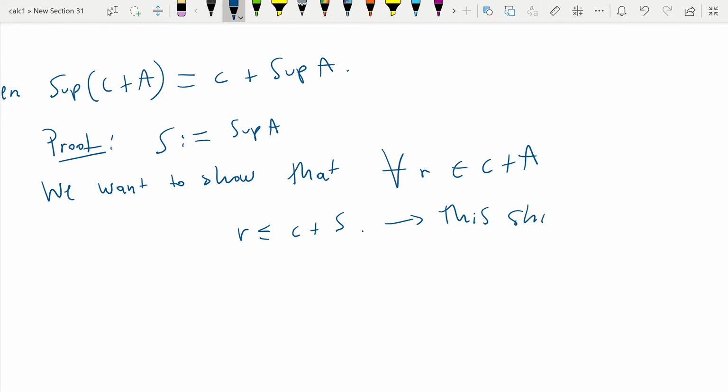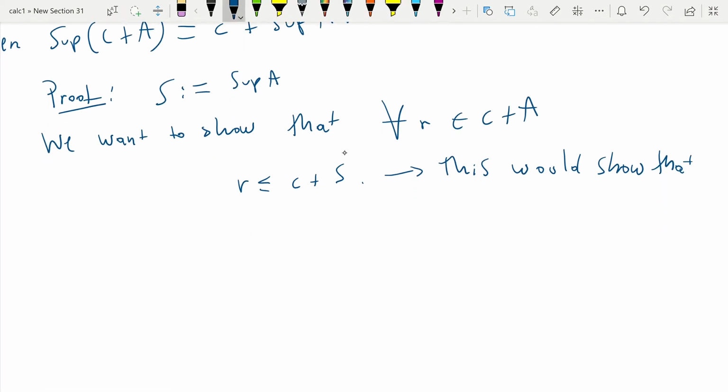This would show, if this were the case, which it will be, that C plus S is an upper bound for the set C plus A. Let's pay attention here.